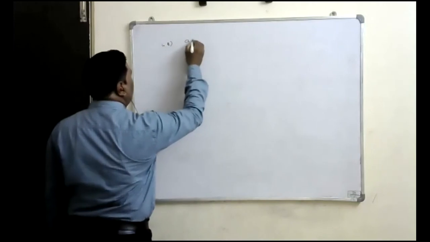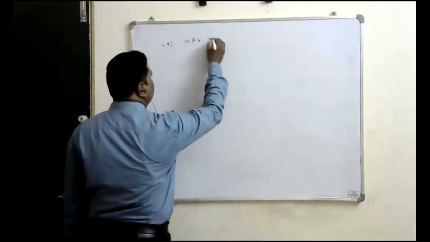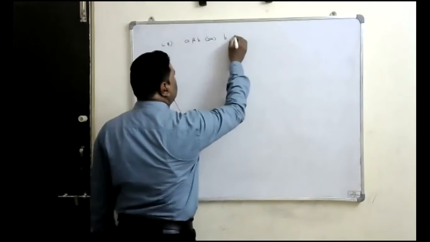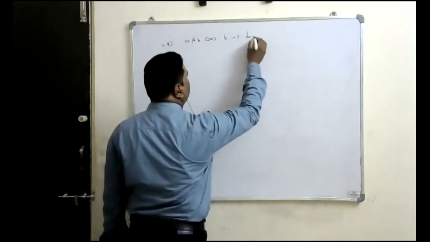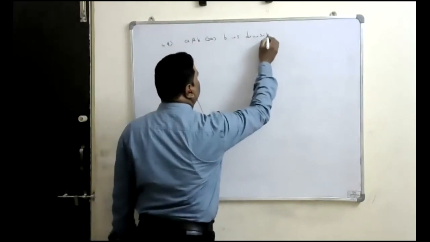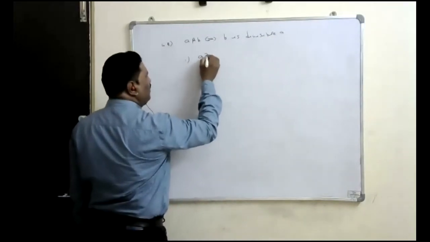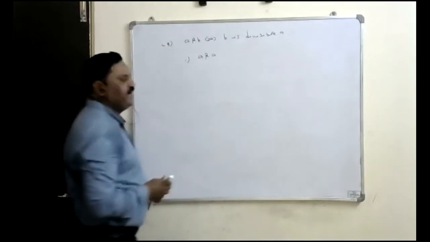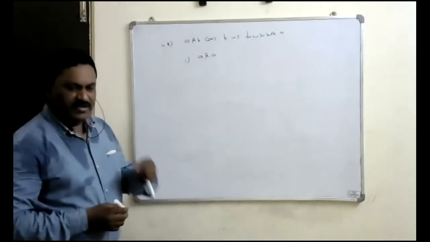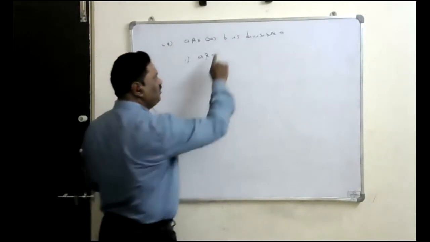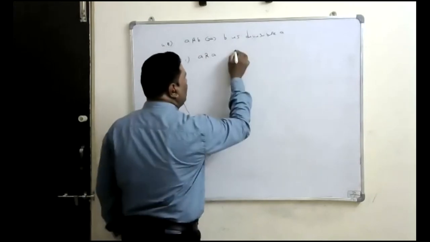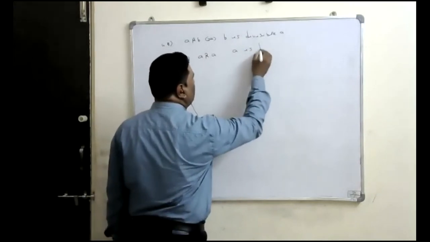Observe that (A, B) such that B is divisible by A. First, if I take reflexive, every element should be related to itself. (A, A) will represent the reflexive relation. Here, A is divisible by A. Is it correct?